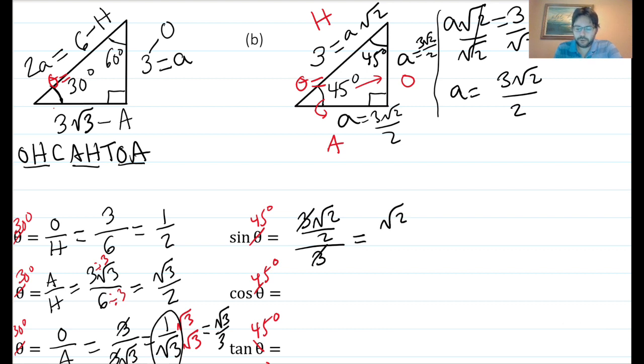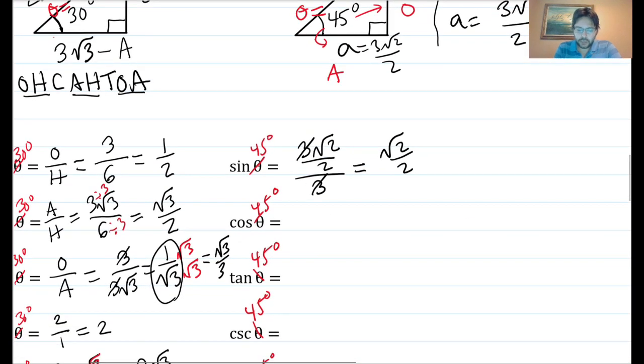We get square root of 2 over 2. All right, cosine. Again, cosine is going to be the exact same thing. It's going to be adjacent over hypotenuse, but both sides are the same. So it's not going to change the answer. Forgot the square root of 2 there. And then the 3's cancel, leaving us with square root of 2 over 2.